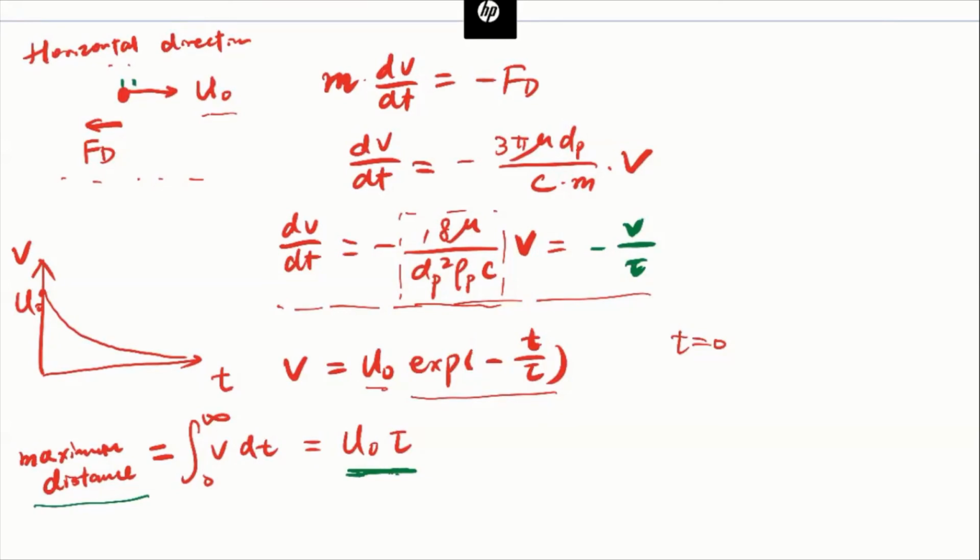So that's why these submicron particles can suspend in the air for a very long time, right? Their velocity will quickly reach the ambient velocity, right? And also their distance that can be traveled is very short, right?